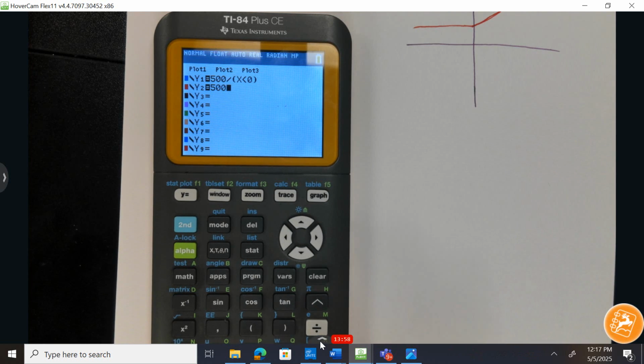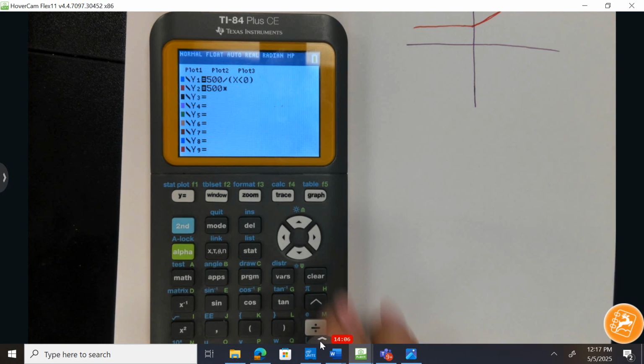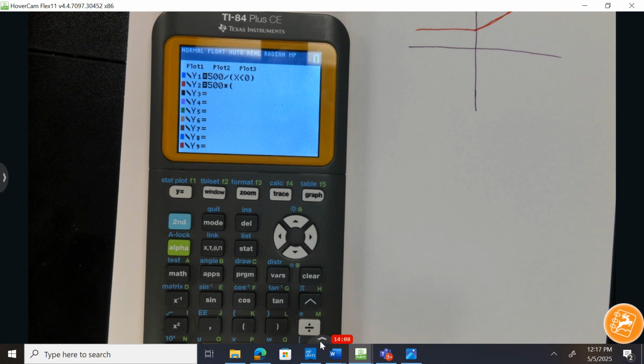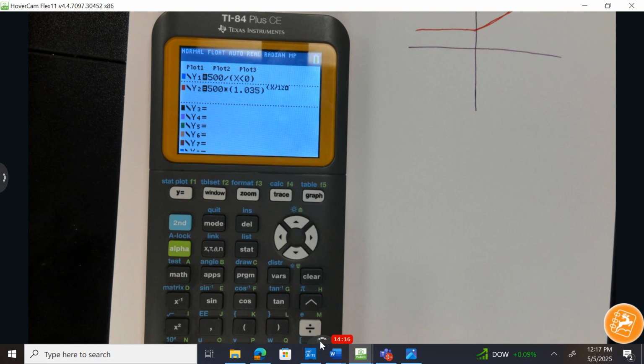So 500. We know what the b value is. I put b here. We know b was 1.035, and it was an estimation, we estimate to the nearest thousandth. So 1.035 raised to the t divided by 12.